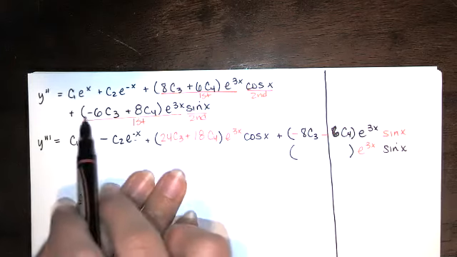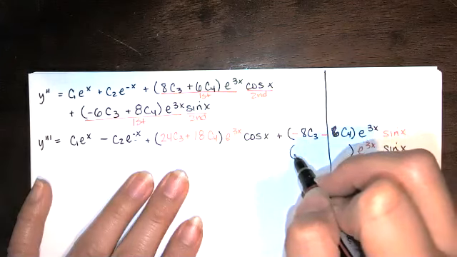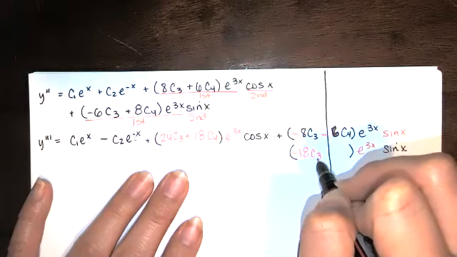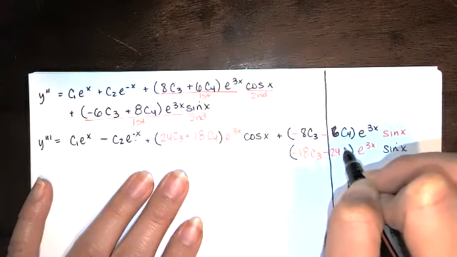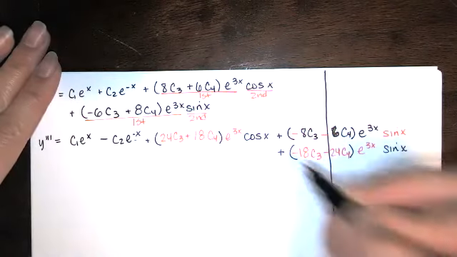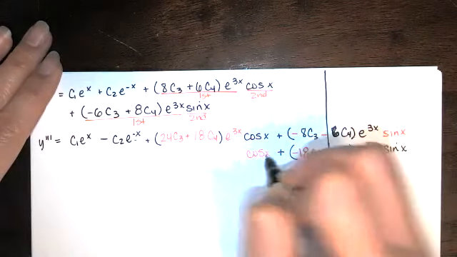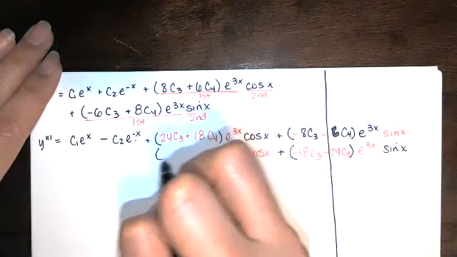So we're going to take this guy and multiply it by 3. So that's going to give me a -18c3 minus 24c4. That's derivative of the first times the second. Then we're going to add derivative of the second, which is cosine of x, times the first.